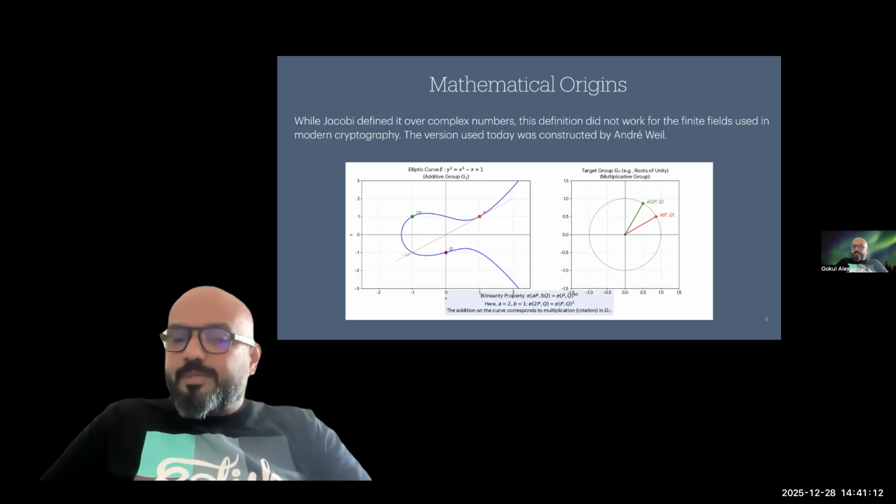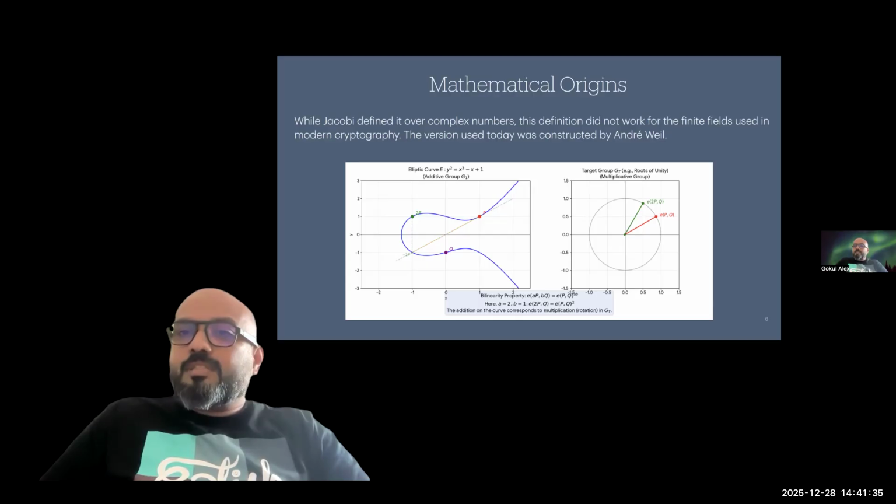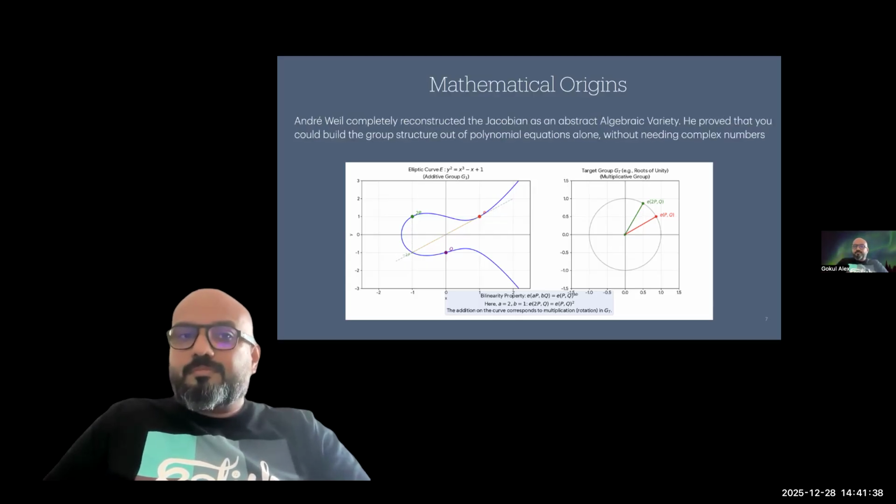So till the previous slide, we were trying to understand the historic origins of the elliptic functions, and they were not very useful until Andre Weil came up with his method, taking us from complex numbers to the world of finite fields.